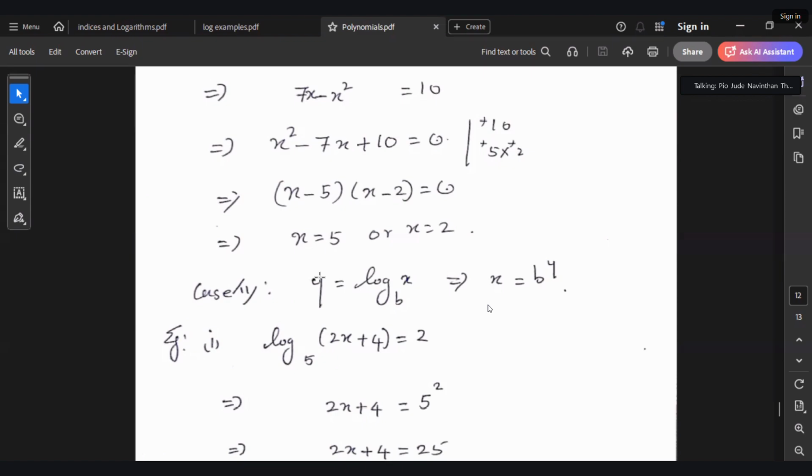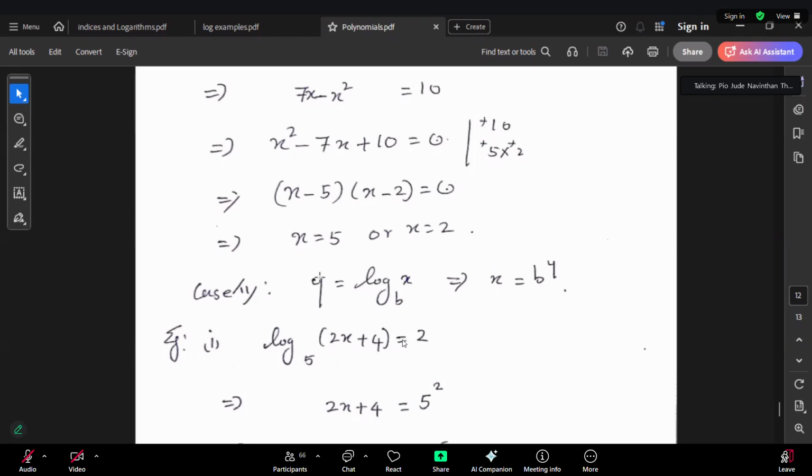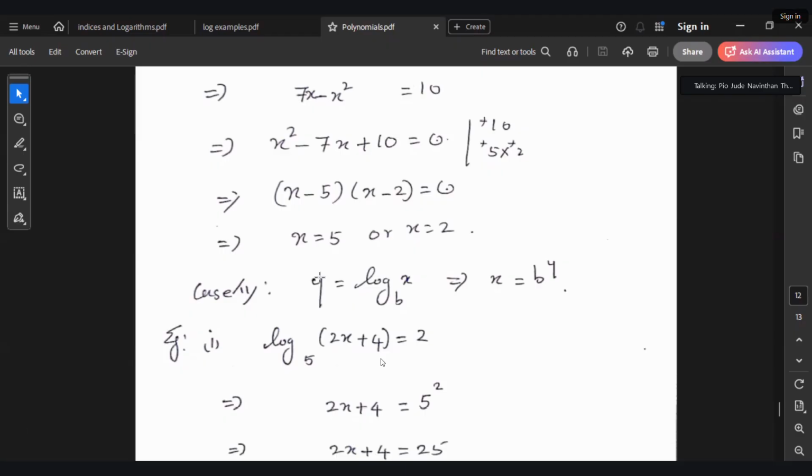So many practice questions will be there. You can take the grade 10, grade 9 and 8 papers on indices and logarithms, and also the factorization we studied today. So many practice questions.